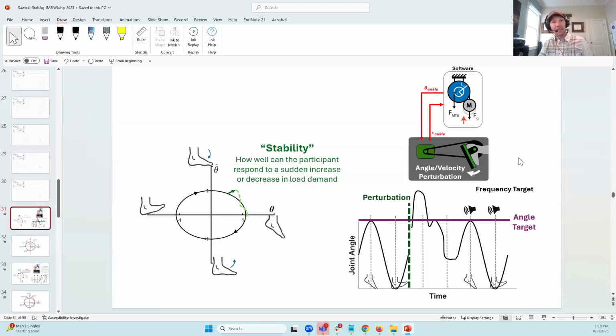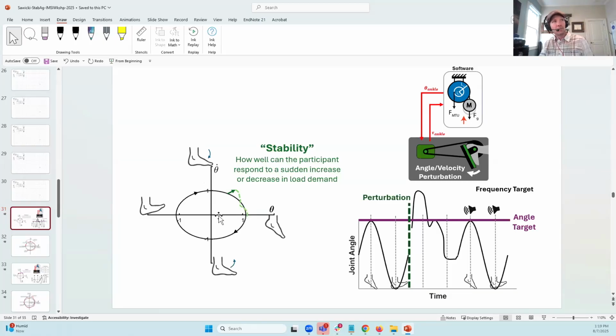And then we can show people what their position is on a screen. And we can also show them what their velocity is. That would create a limit cycle if we wanted to show them this whole thing. Another option is to show them the time series of what they're doing and ask them to maintain a peak ankle target.